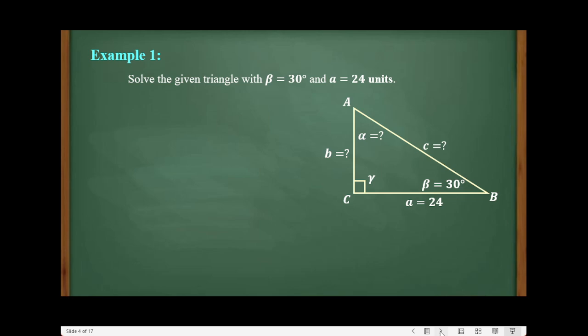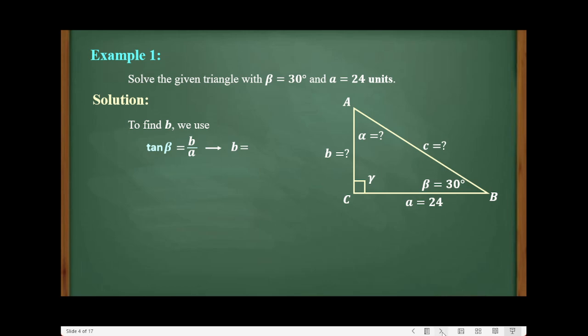So for our solution, let us look first for the length of the shorter leg, which is denoted by small letter b. Now to find such leg, we use tangent of beta is equal to side small letter b over a. And we substitute the given parts into this equation.